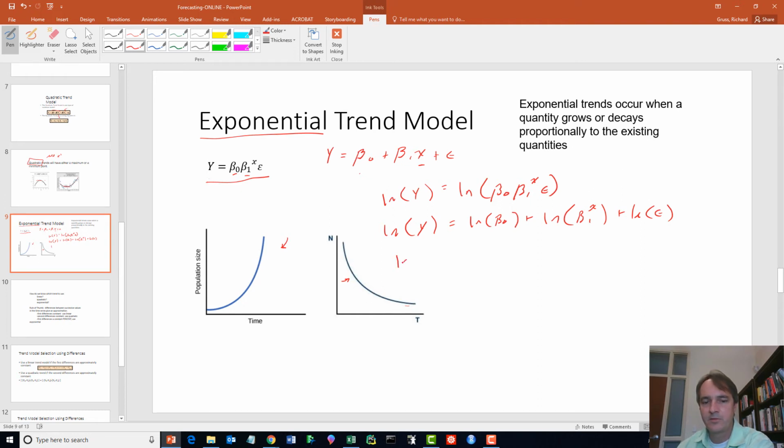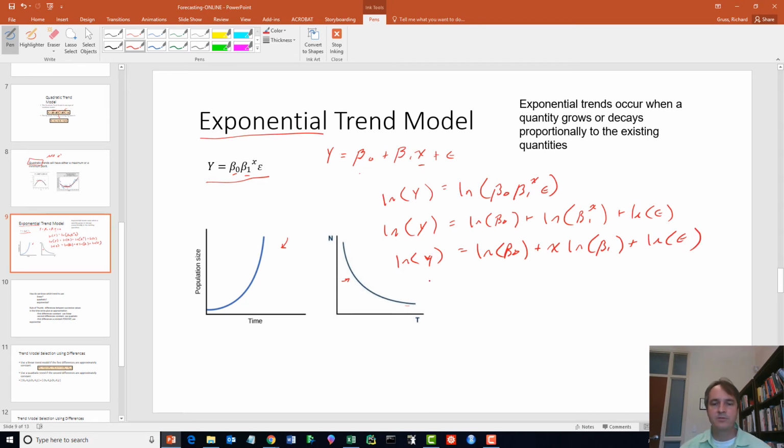So we have the natural log of y equal to the natural log of beta 0 plus x times the natural log of beta 1 plus the natural log of errors.